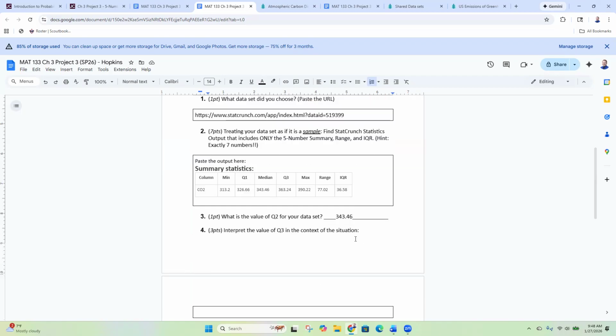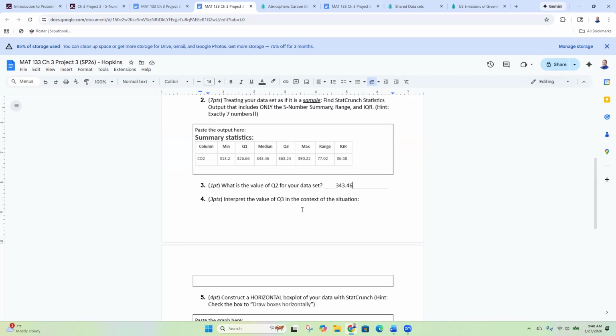All right. Next, question four. Interpret the value of Q3 in the context of the situation. Whenever we see the word interpret in this class, it means we need a sentence. Part of being a data analyst, part of learning statistics, is not just knowing how to do the math and knowing what these things mean, but also being able to explain it.